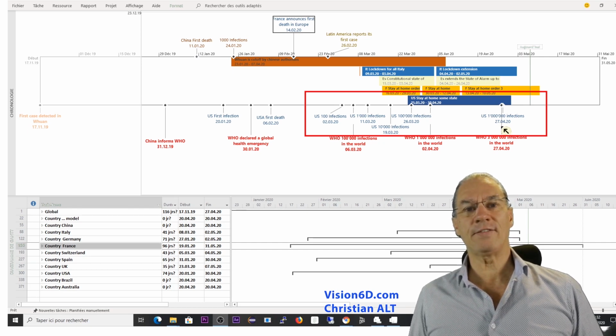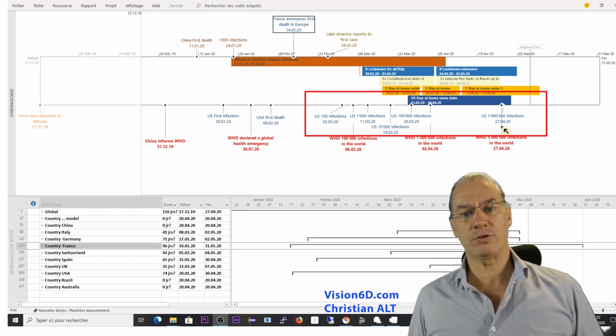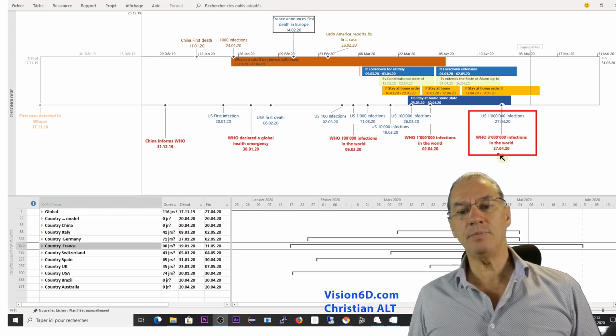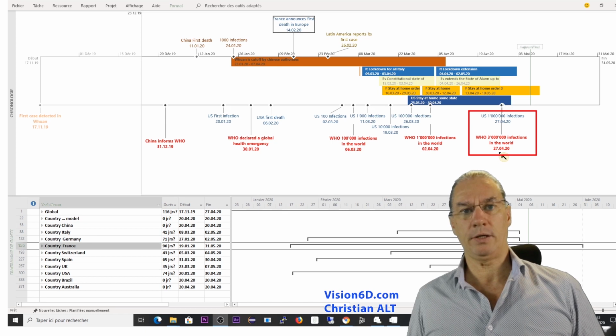By the 27th of April, US has 1 million infections. And on the same day, worldwide, WHO announced that we have 3 million people infected.